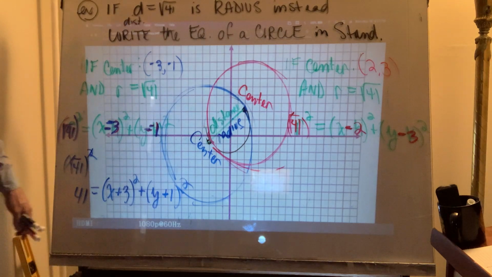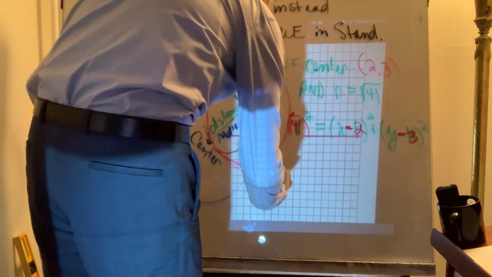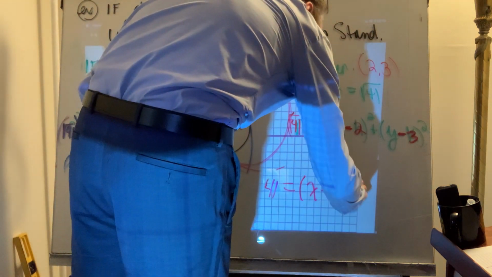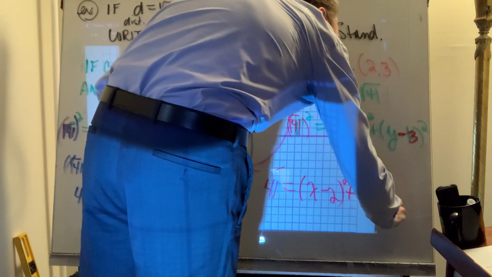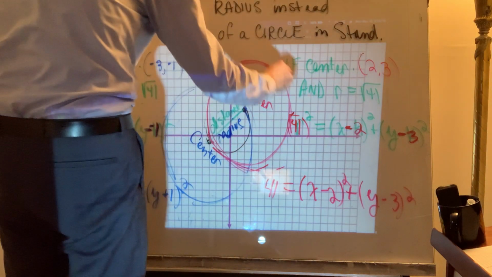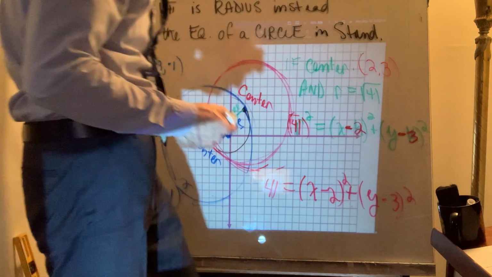And 41 is equal to x minus 2 squared plus y minus 3 squared for the red circle. And that's it.